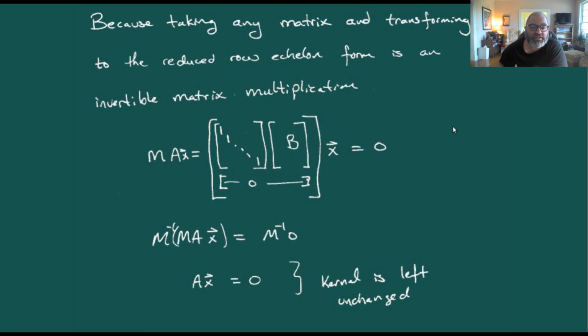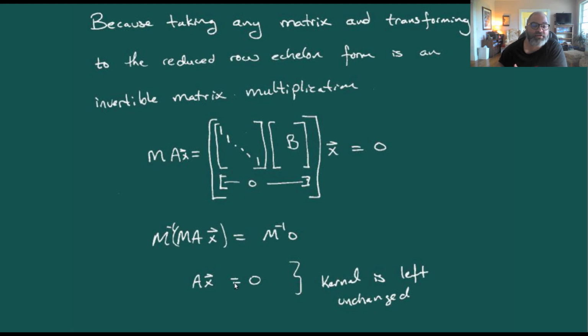And so if we have M, this invertible matrix, times A giving us the reduced form that we were looking at, then multiplying both sides by the inverse gives us M inverse times 0, and since M inverse times 0 is just 0, the kernel is left unchanged.